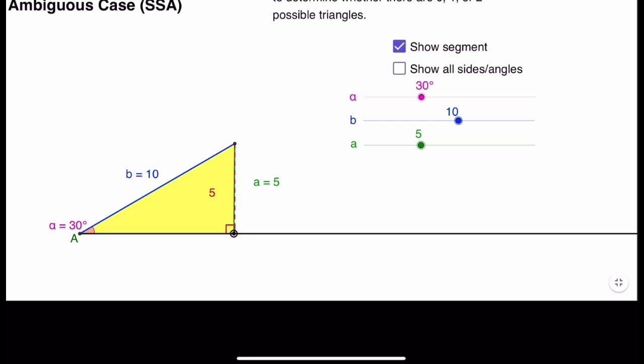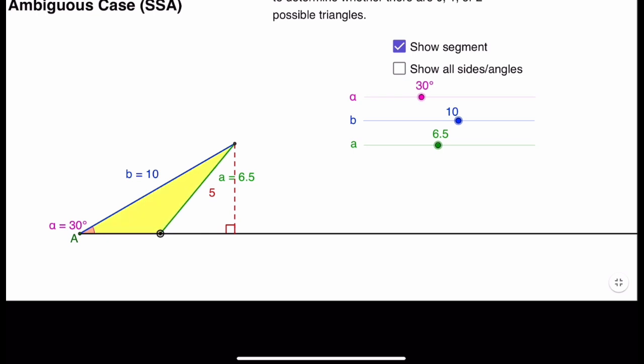If my a is less than b, however bigger than h, as you can see, my a is 6.5, which is bigger than h and less than b, which is 10, I can form two triangles. This is the first one, and this is the second one.